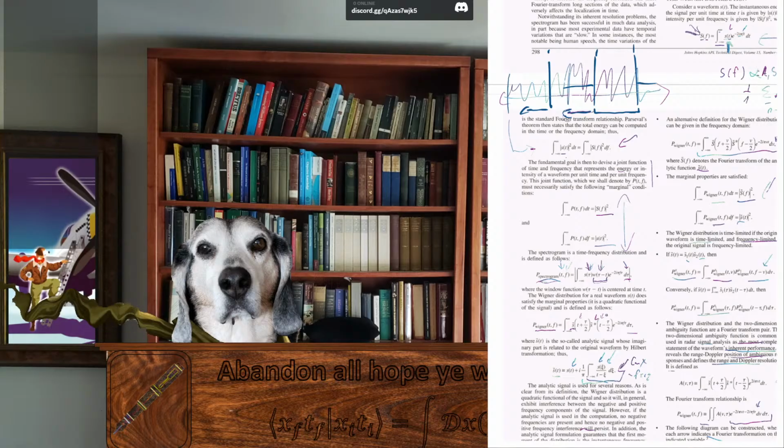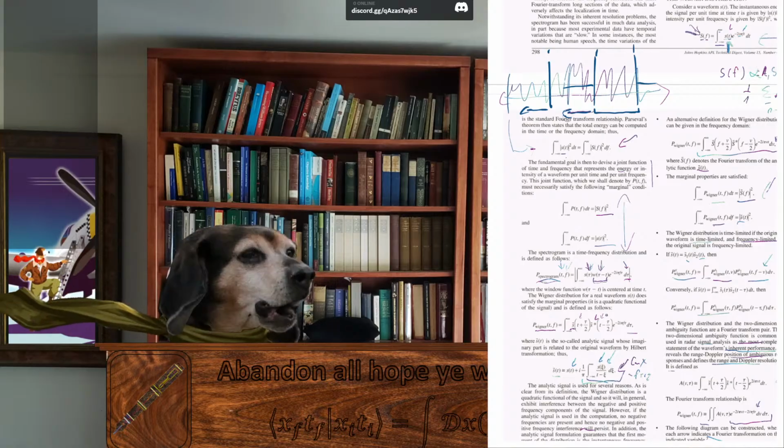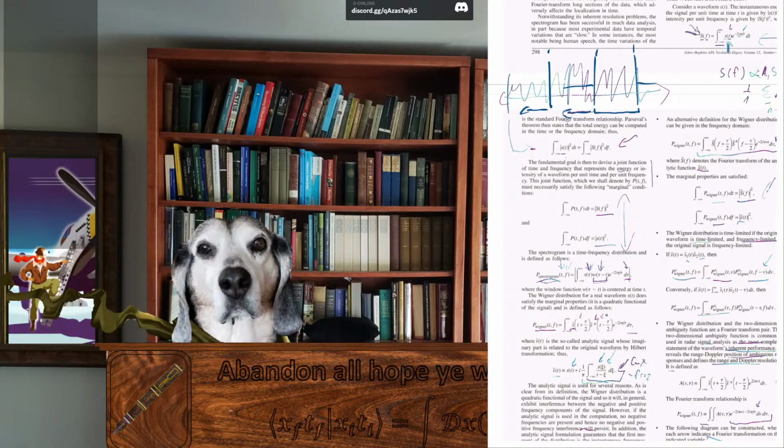This is essentially a convolution of S with itself, right? But with this other sliding time, in the same way we had a sliding time for the window function. Give or take. That's kind of what's going on.